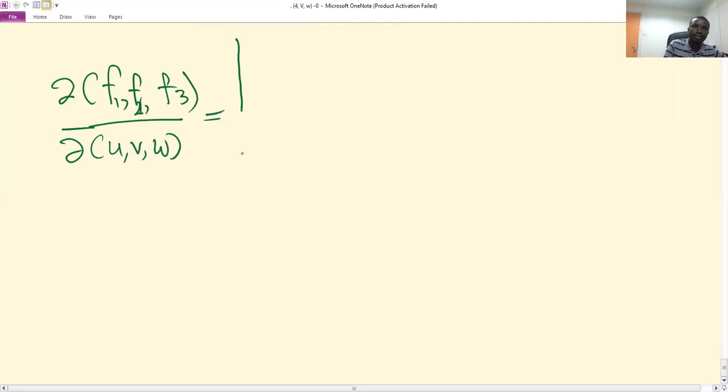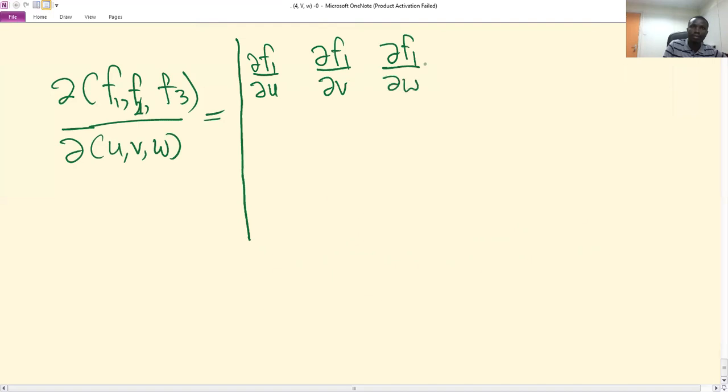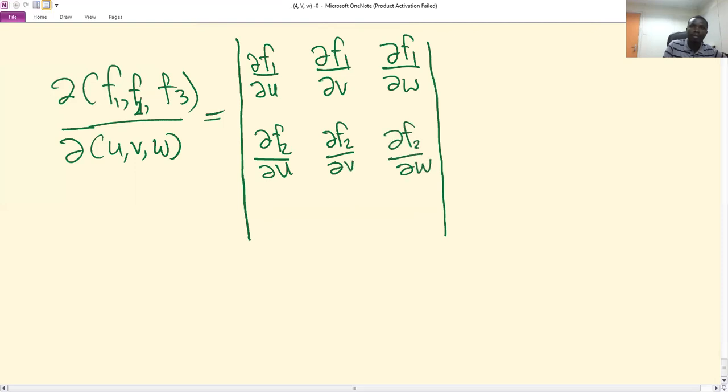This by definition is a determinant, partial f1 partial u, partial f1 partial v, partial f1 partial w, partial f2 partial u, partial f2 partial v, partial f2 partial w, partial f3 partial u, partial f3 partial v, partial f3 partial w.